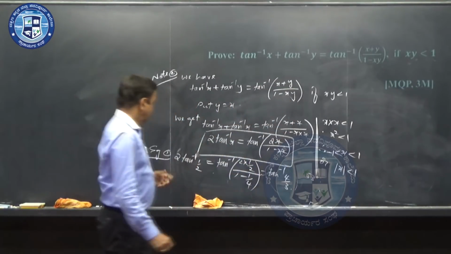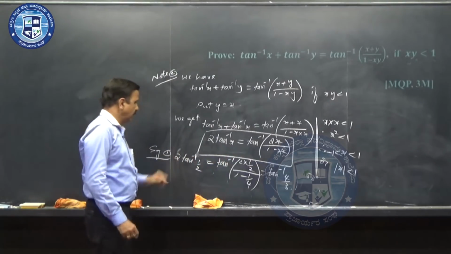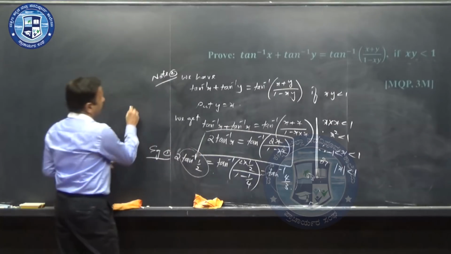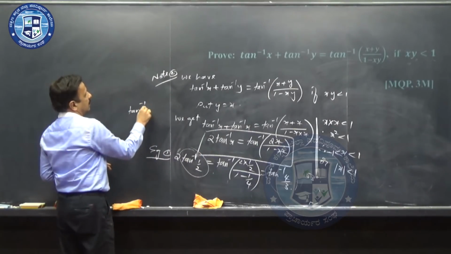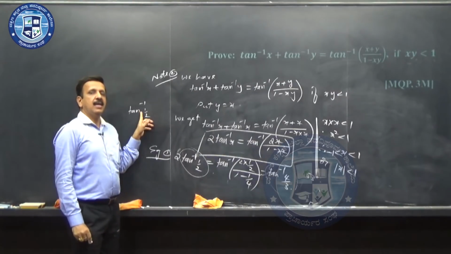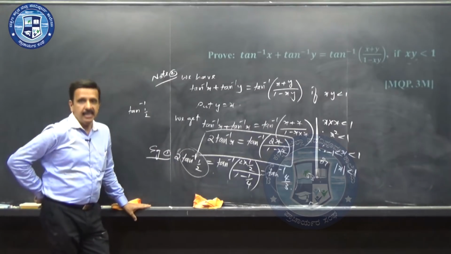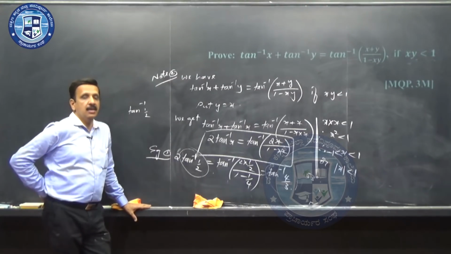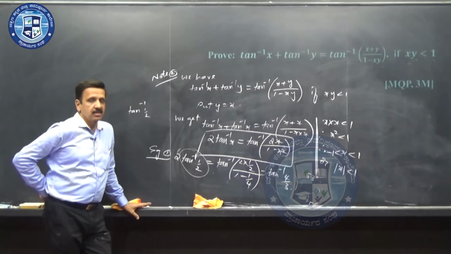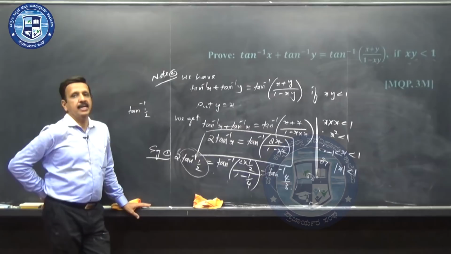Let me check. Say 2 tan inverse half, that is equal to what? You must know tan inverse half, that is tan inverse 0.5. If you look at the natural tangents while working out problems in physics, you might have come across it, especially in the topic electrostatics and capacitors.